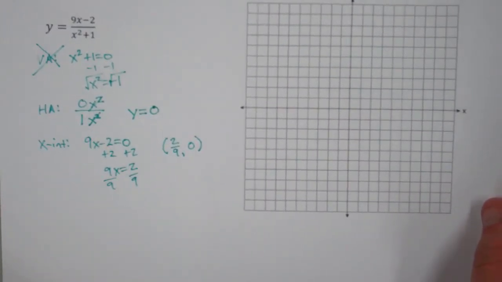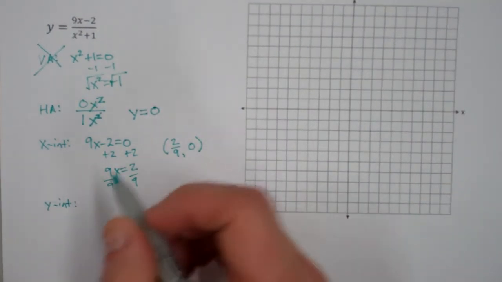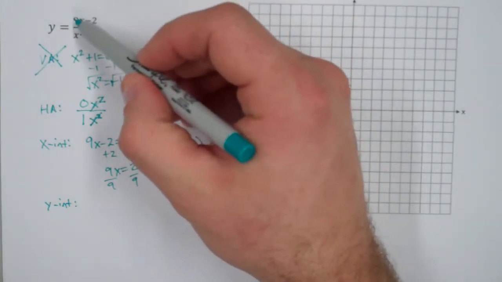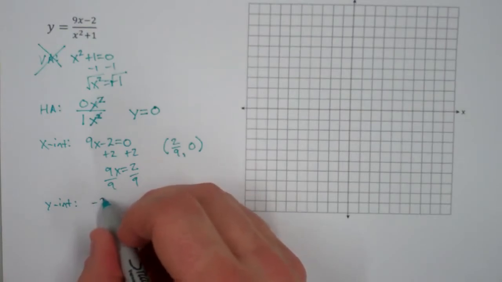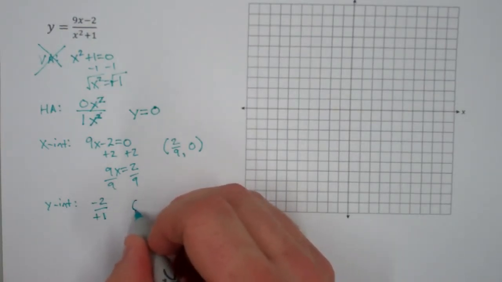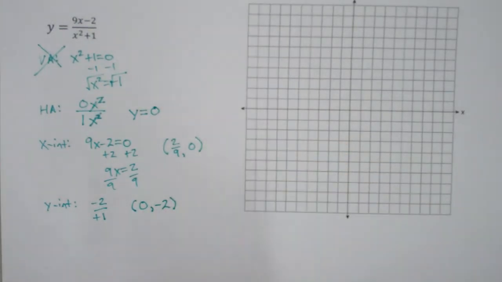Now our y-intercept. Our y-intercept occurs when x is 0, so this term is gone, this term is gone, and we know now that we have negative 2 over positive 1, and so our y-intercept is 0, negative 2.